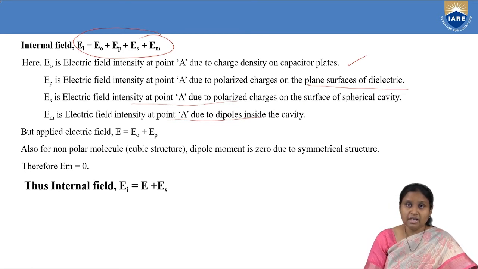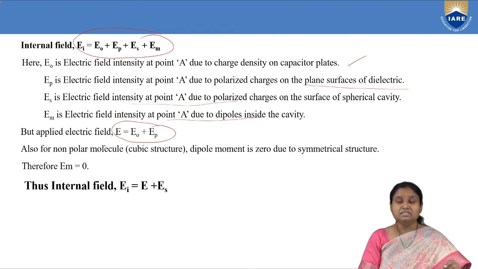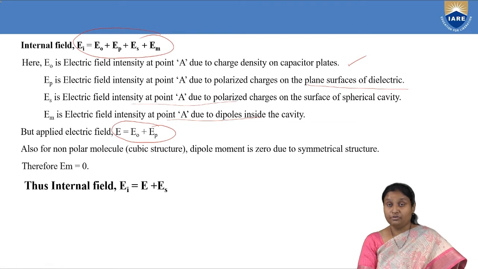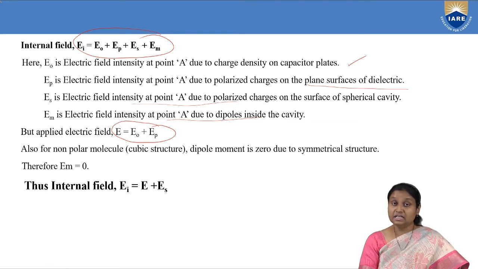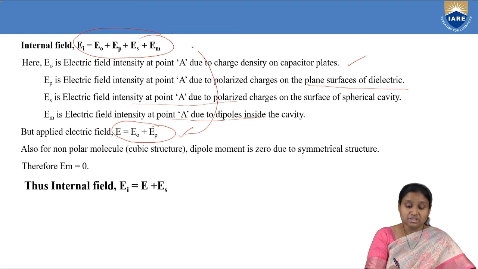But we know that this applied external electric field is nothing but a combination of the electric field due to charges on capacitor plates and the electric field due to polarized charges on the faces of the dielectric. So this we are going to substitute in this equation.